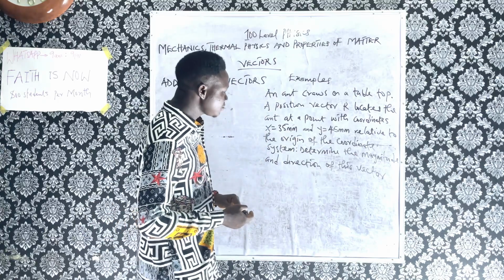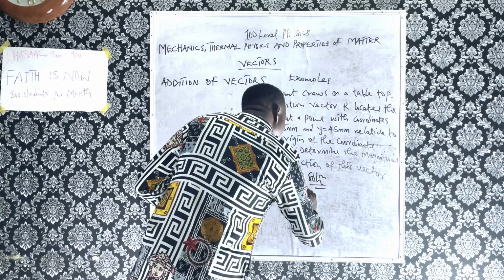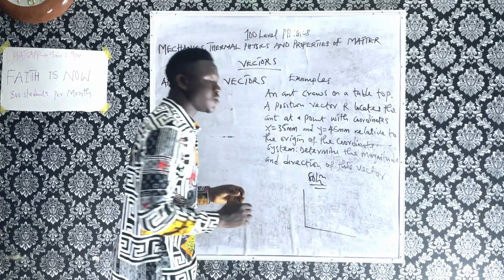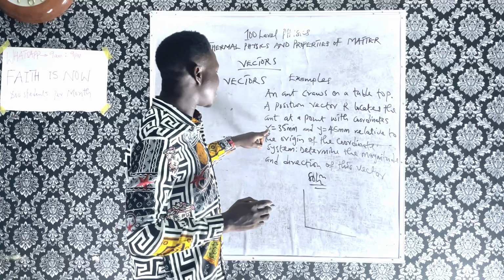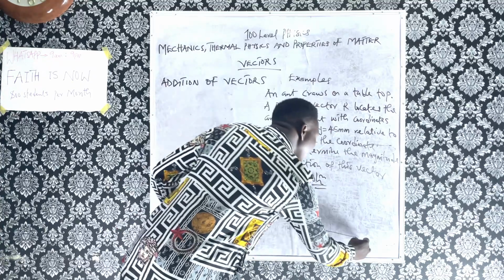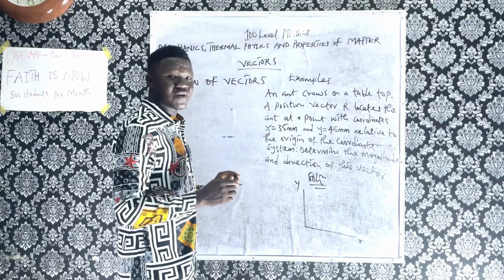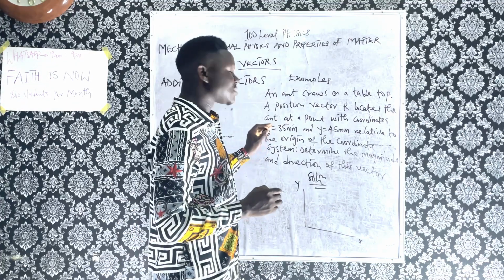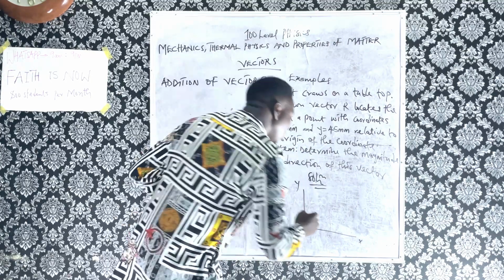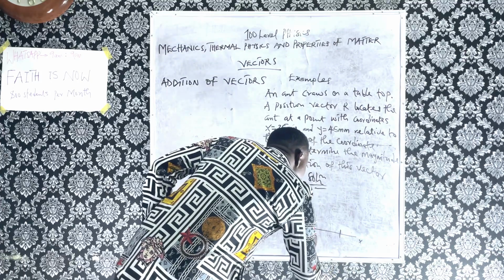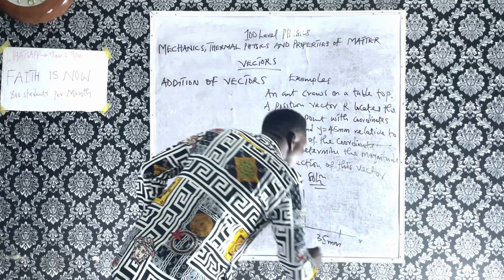If I'm to draw this diagram, I will first of all draw two coordinates, because we have a position vector that's locating the ant with x and y. They said the ant has moved to a coordinate position of 35 millimeters, so I will assume from 0 to this point is 35 millimeters.